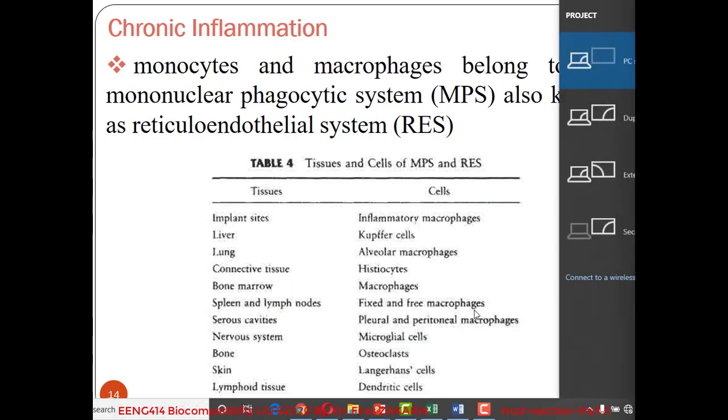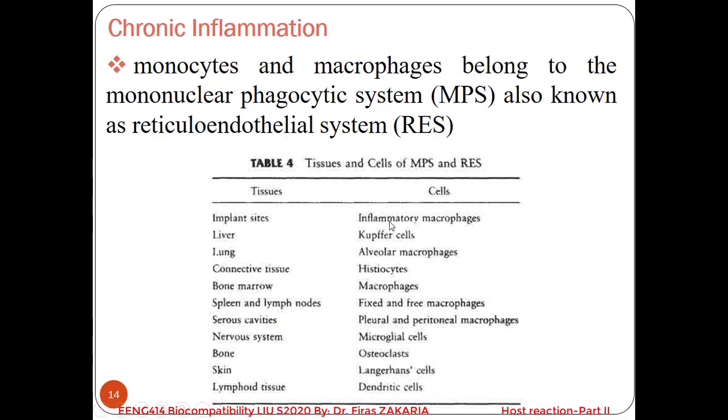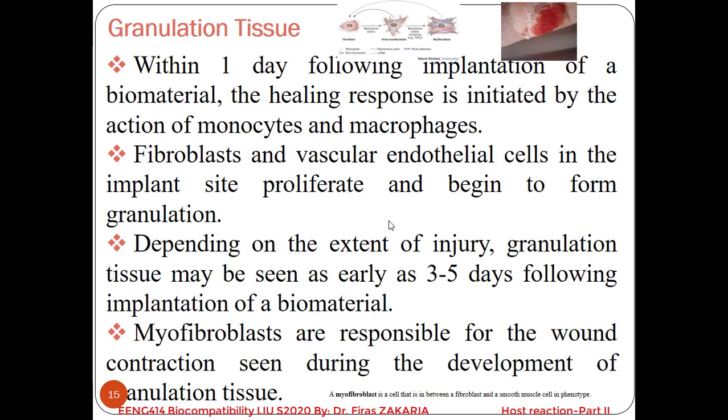Now after the resolution of acute and chronic inflammatory responses, granulation tissue is seen, and these granulation tissues are confirmed by the presence of macrophages, fibroblasts, and fibroblasts mainly.